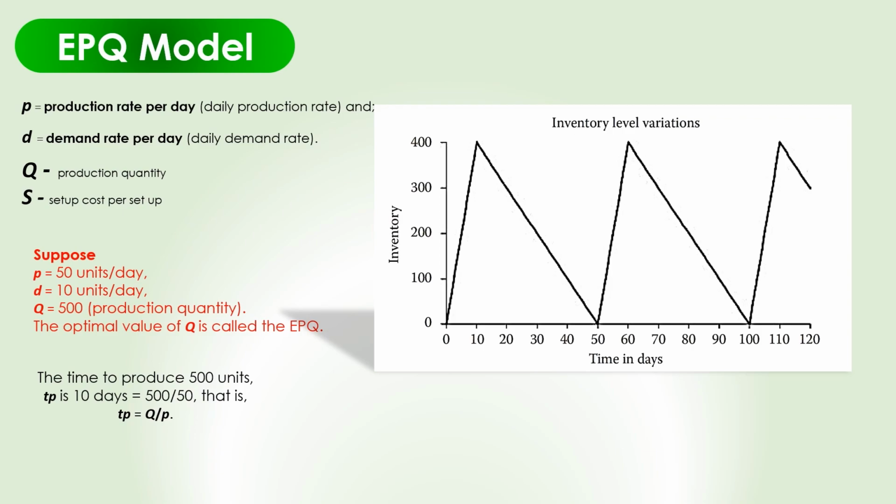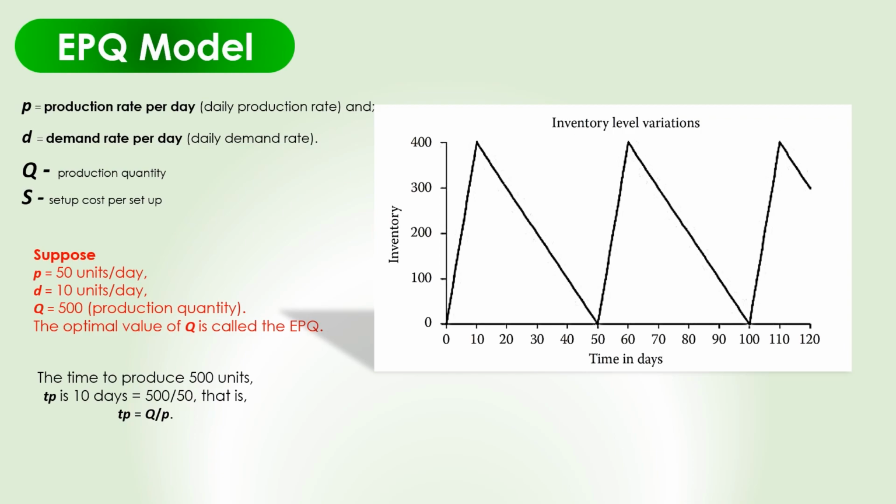At the end of 10th day, we stop producing the item and then continue to meet the demand from the inventory of 400 units. So, kailan siya mauubos? At the end of 40 days. Kasi di ba 400 na lang yung maximum inventory natin and meron tayong daily demand na 10 units.